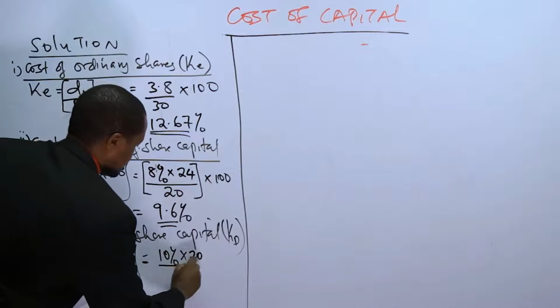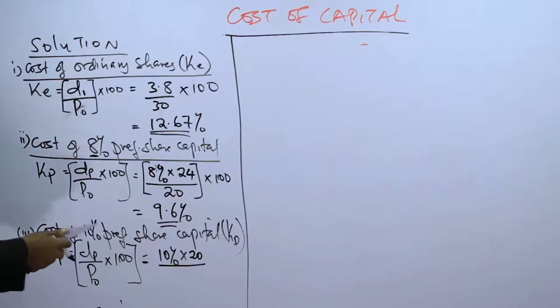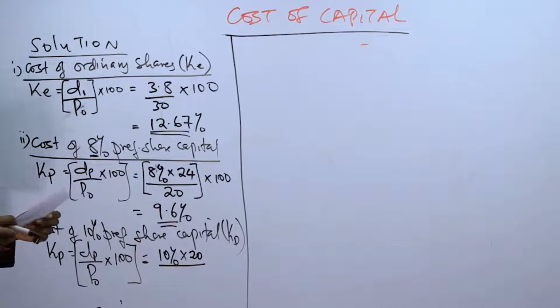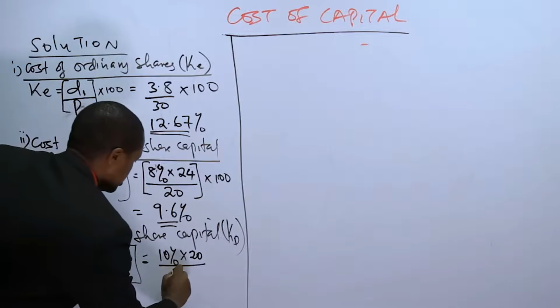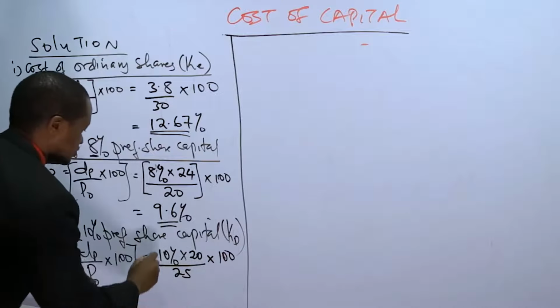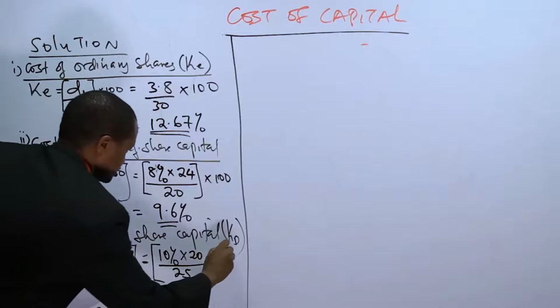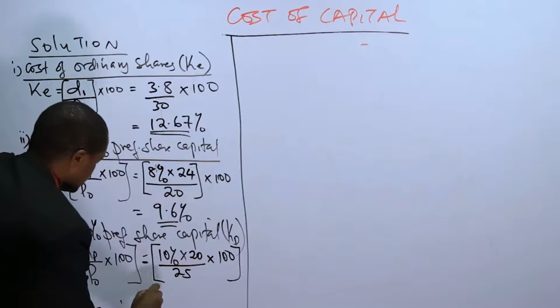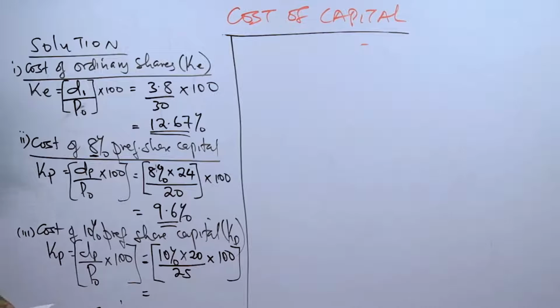10% times 20, that will give us the dividend per share. Divide that by the market price per the 10% preference share, which is 25 shillings. Multiply the answer by 100. That will give us the cost of preferred stock.